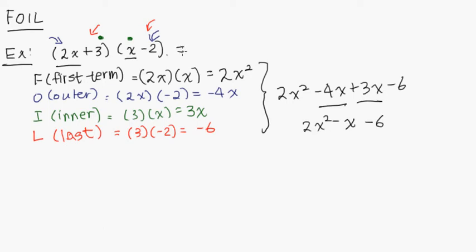And so this is expanded to 2x squared minus x minus 6. Okay. So now let's go on to another example. In this example, I'm going to start adding different flavors of how you might be using FOIL. So let's get started with that.